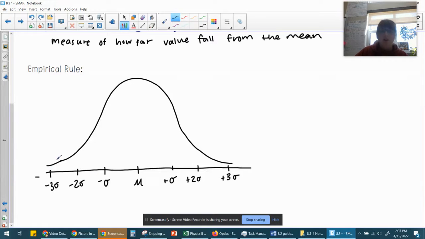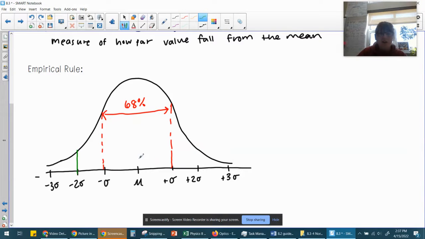Okay. So normal distributions are special because they have certain percents between standard deviations. If I go between 1 standard deviation above and below the mean, 68% of the data is going to fall within 1 standard deviation.